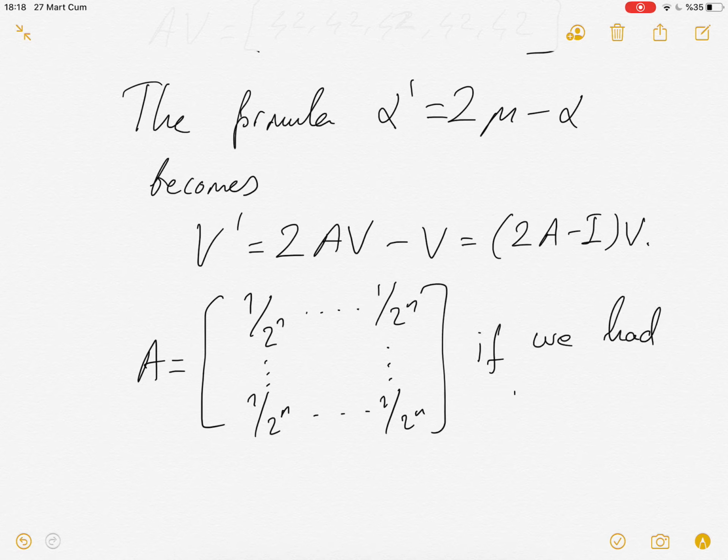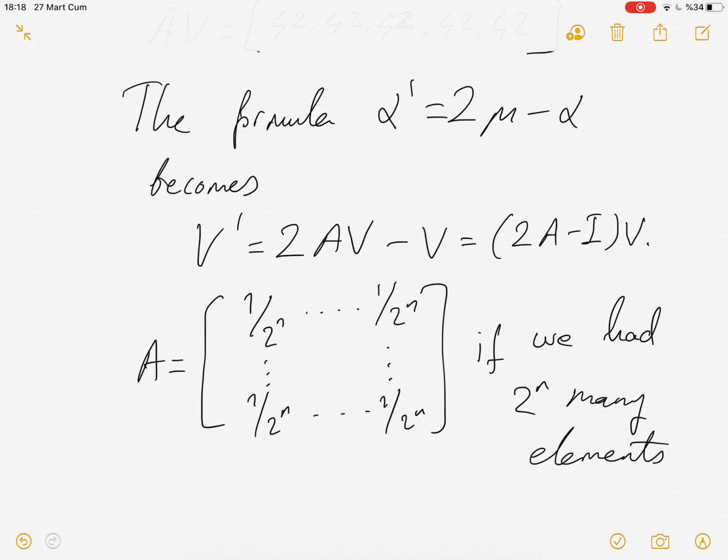So this operator, 2A minus I, inverts the given vector about its mean, about the average.